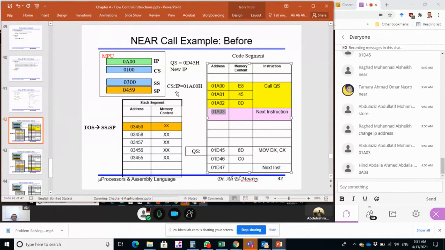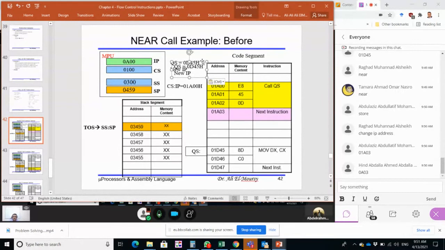Since the call instruction is 3 bytes, the IP address of the call plus 3 represents the IP after the call. Let's take one box here.